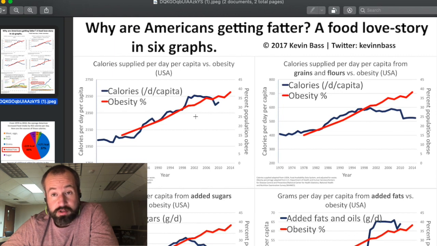I used the USDA data, the food availability data. Food availability data just indicates how much food is available to each American on average, so how many calories. And it's a really good indicator of increases or decreases in food intake, or at least changes in food behaviors on average over time in Americans.